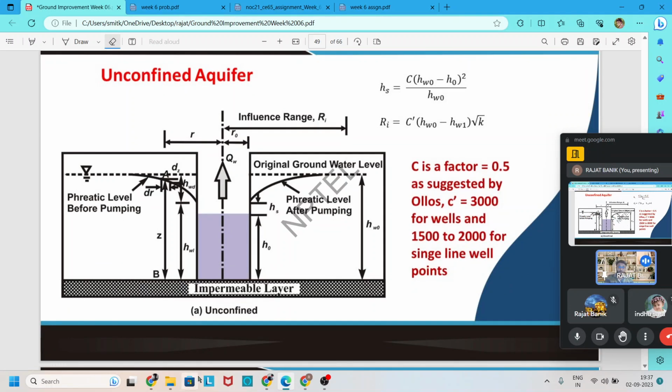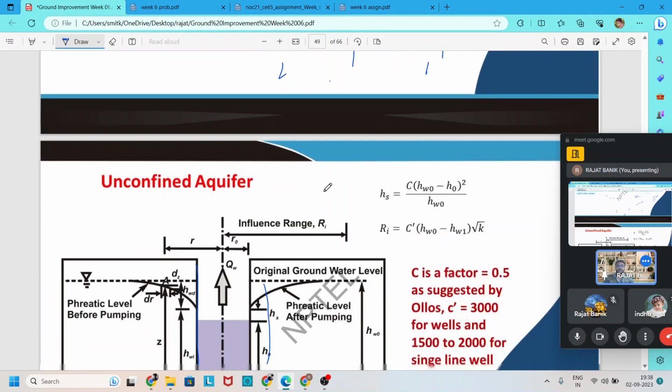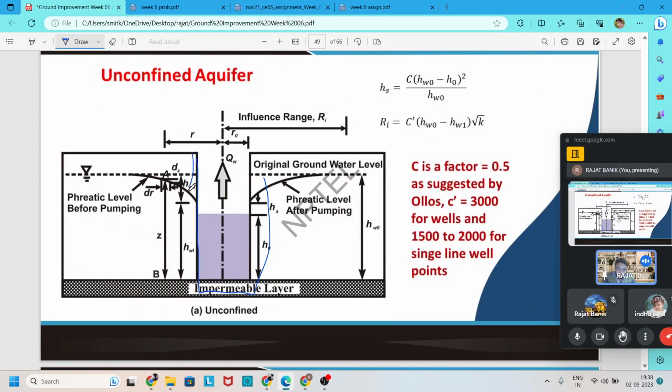We see that one well is created here like that, which is penetrating up to here, given as fully penetrating in the ground. That means up to an impermeable layer we excavated or created a well.